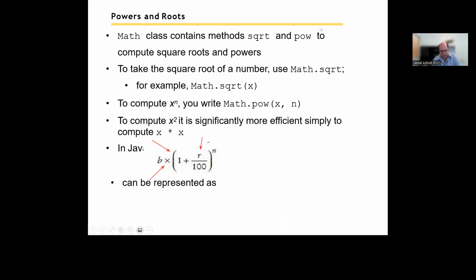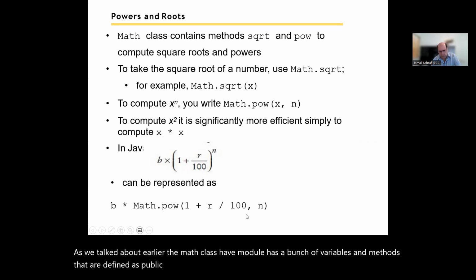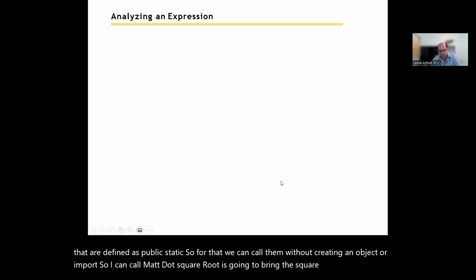So in Java this is going to be b times, and then the power for the n goes right here, and then we have our 1 plus r divided by 100. This works because of the order of operation, meaning that division comes before plus. Otherwise, I would put some parentheses around it to make it more clear, so I don't have to worry about order of operation.